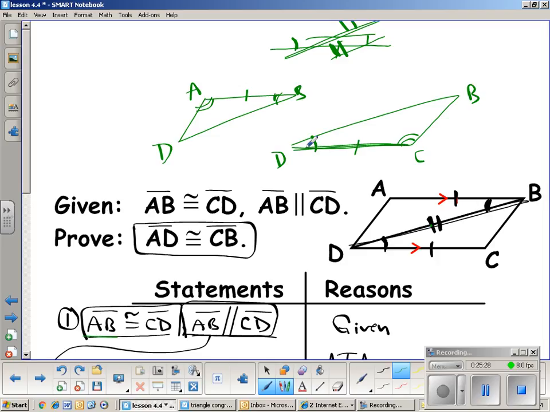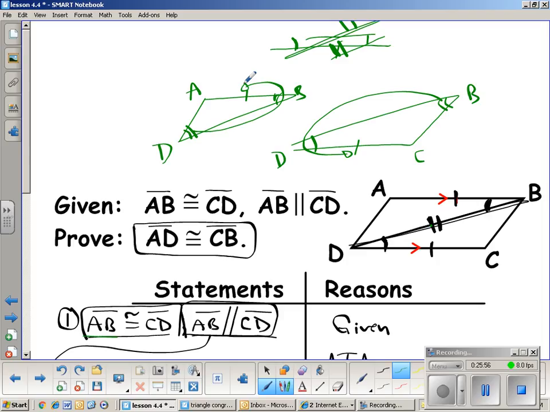Okay? And if, instead of that angle, I was given this angle. Angle, side, angle, because now my side's not between my angles, is it? It would go this way, angle, side, angle. Okay? So that's how we determine which one we use.